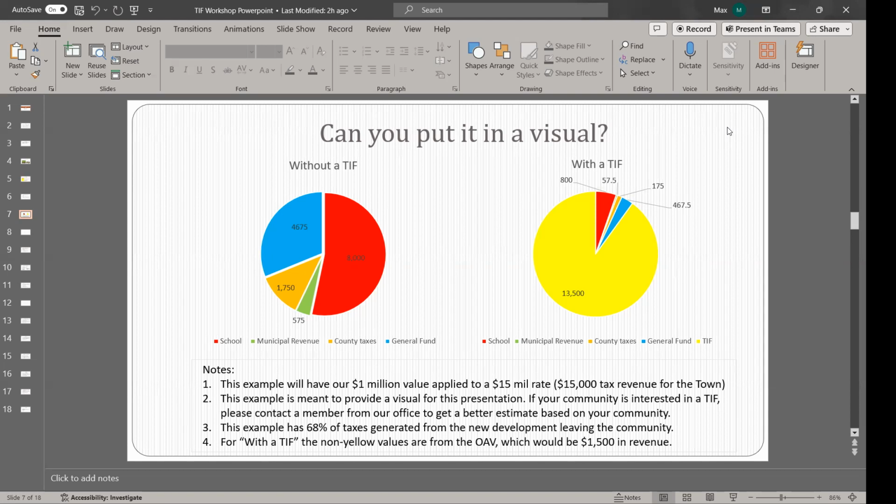But this is an example of 32% staying with the town and just over half of this 15,000 going to replenish losses in school subsidies. It could be half, could be 60%. Regardless, either the state is going to give those subsidies to your school or you have to replenish it because of this increase in value. But the school still gets the same amount of money.